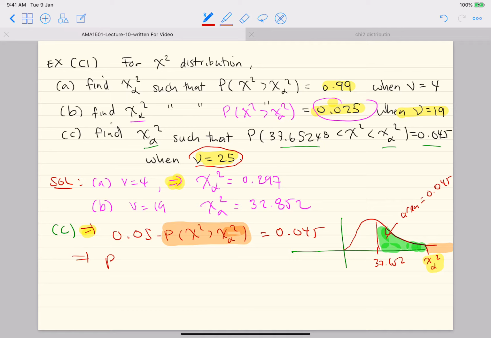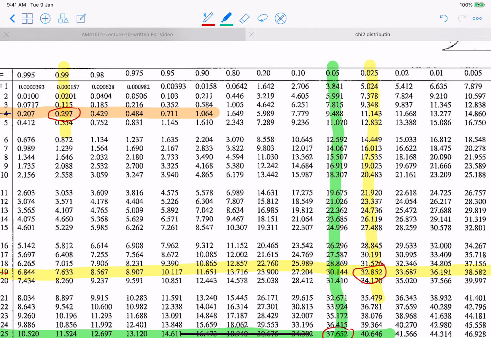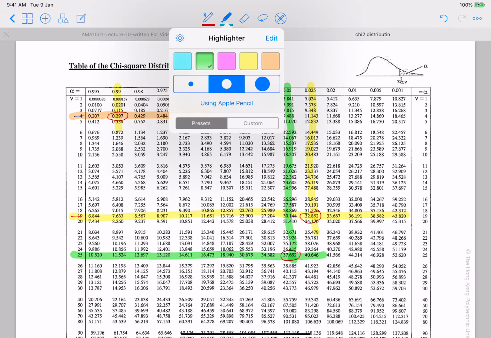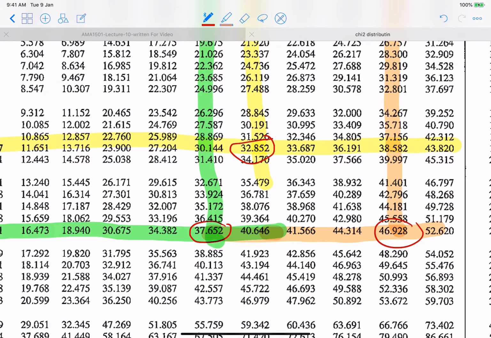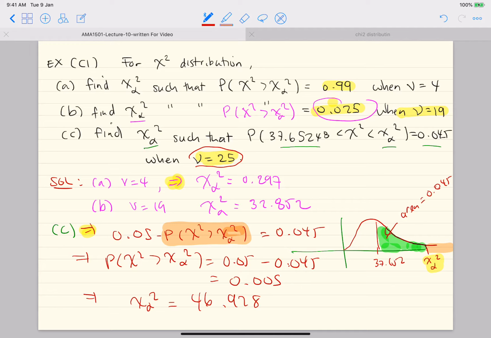That means the probability that chi squared is greater than chi alpha squared is 0.05 minus 0.045, just 0.005. Looking at the chi-square distribution table, 0.005 is here, and we continue with 25 degrees of freedom to get that chi alpha squared must be 46.928. Okay, that's how we work with the chi-square distribution table.